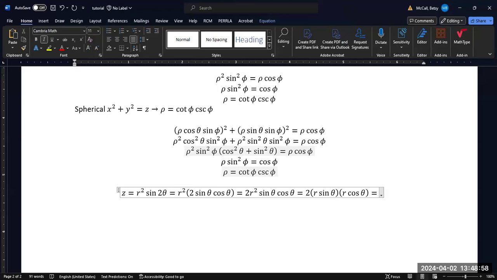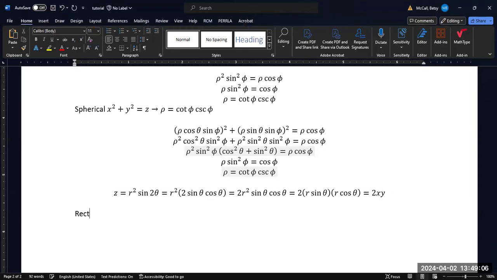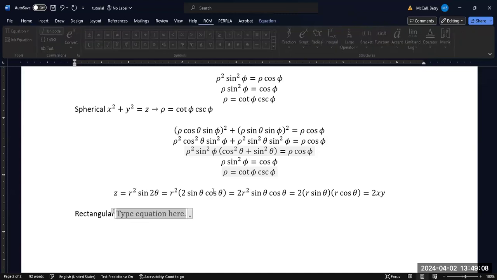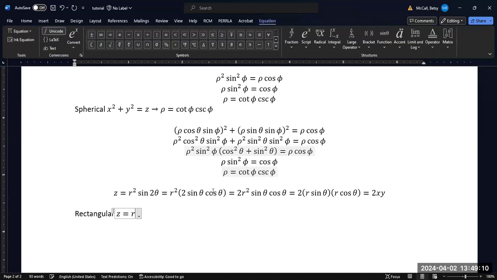And so in rectangular, this will be 2xy. And of course, for rectangular, we don't have to change the z coordinate from cylindrical.